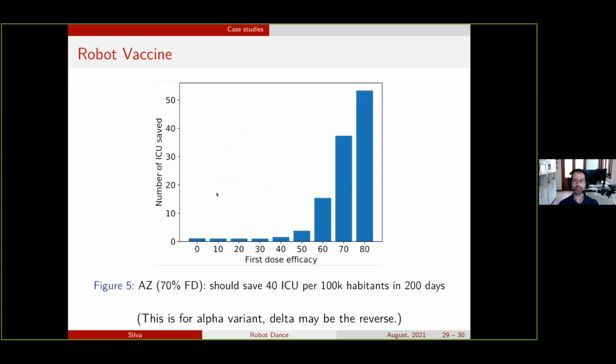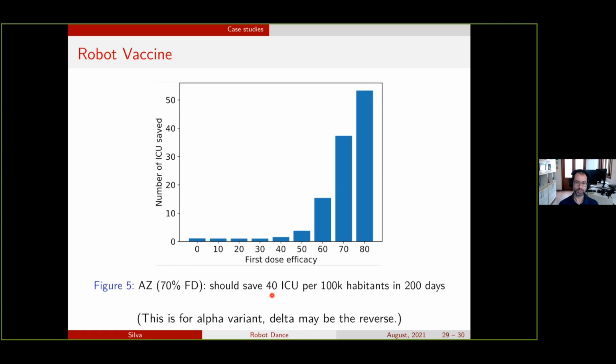And what is also interesting is that the output of our code was actually saying things like every single day, how many people are going to get infected, and from those people, how many we're estimating are going to need ICU units and things like that. We could also estimate the number of ICU units that would be saved if you postpone the second dose instead of not postponing the second dose.